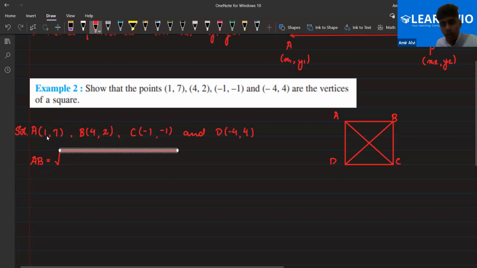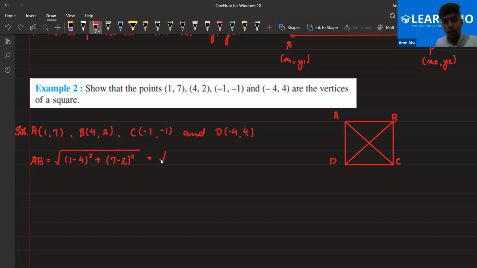So x1 minus x2, 1 minus 4, plus 7 minus y1 minus y2, that is square. So what is the value coming out to be? 1 minus 4 is minus 3, yes or no? And if you subtract it the other way, 4 minus 1 would be positive 3. So negative 3 square and positive 3 square would be same, yes or no? Yes, sir.